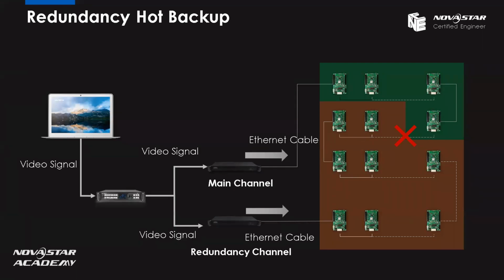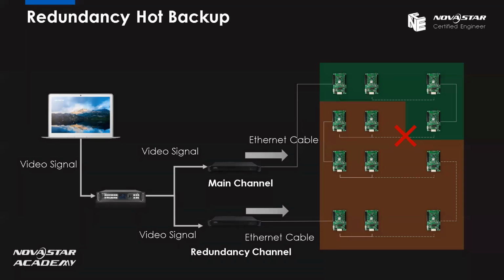So if we prepare the redundancy channel, what we just talked about is actually the main channel. And if we have prepared the redundancy channel, the video signal goes through another controller, one more M Control 600, and the Ethernet cable connects to the last receiving card in the main channel loop.